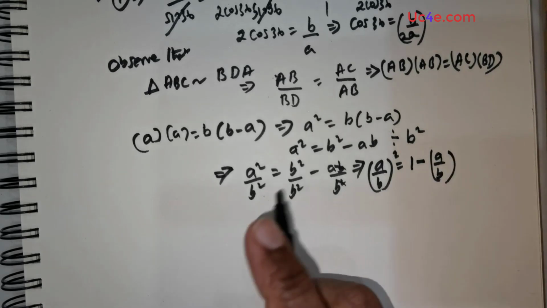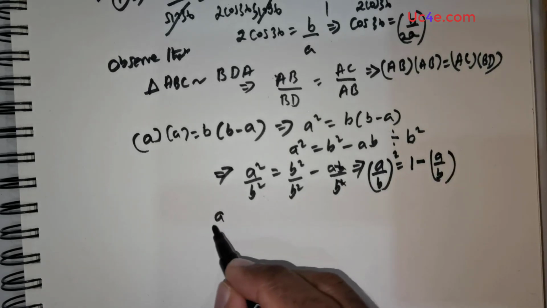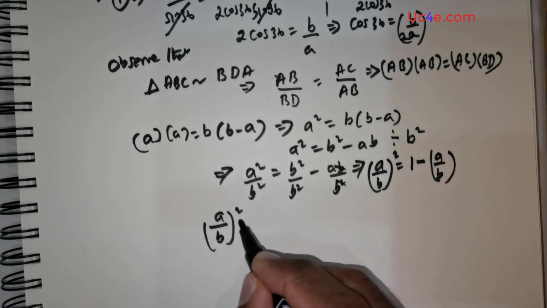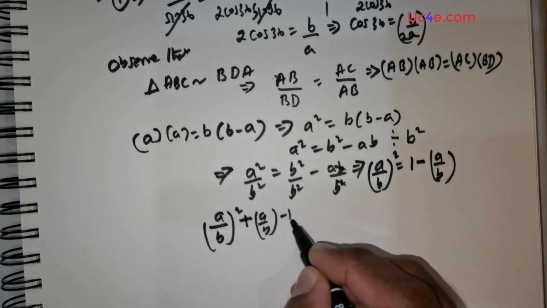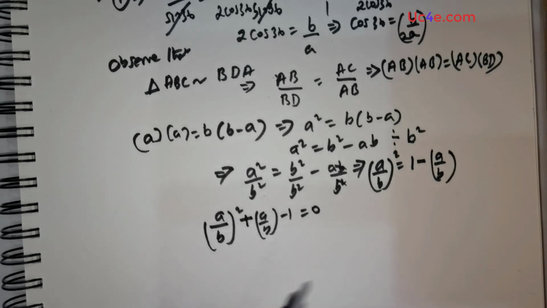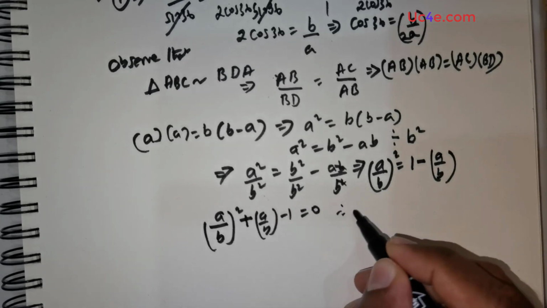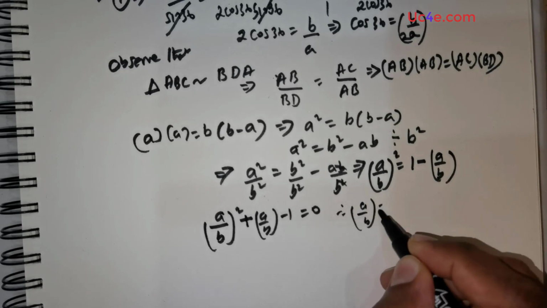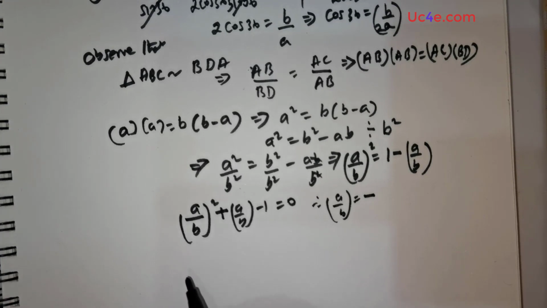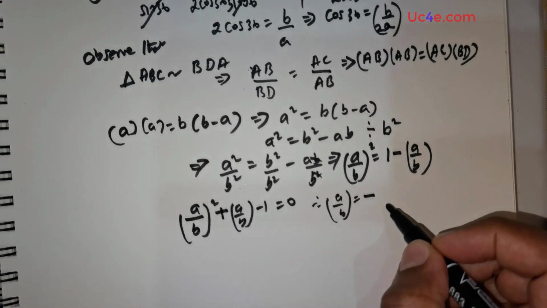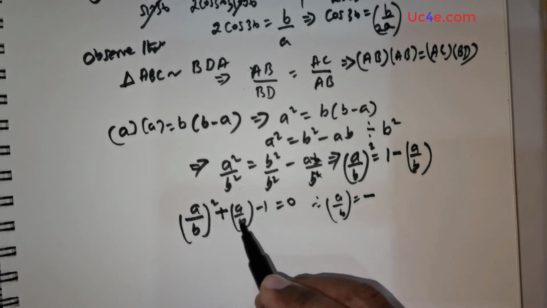So I want to bring this all to the left side, so this would mean I got A over B raised to the power of 2 positive A over B followed by negative 1 is equal to 0. So this is a quadratic in A over B. So therefore A over B is equal to, the coefficient is actually 1, right?